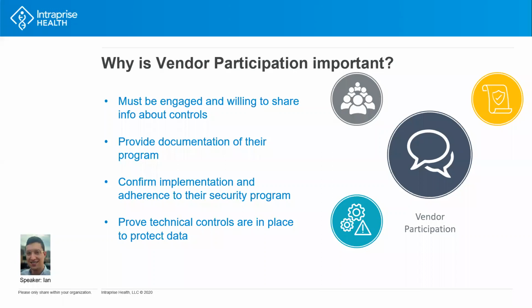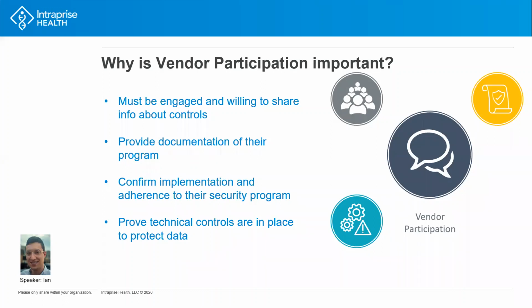that information about their security program, be those technical documents related to the controls in place, documentation of the program as it relates to policies, processes and procedures, and then give us the opportunity to actually go ahead and validate the degree of implementation and verify that they're actually adhering to their security program by availing all of this information to us.